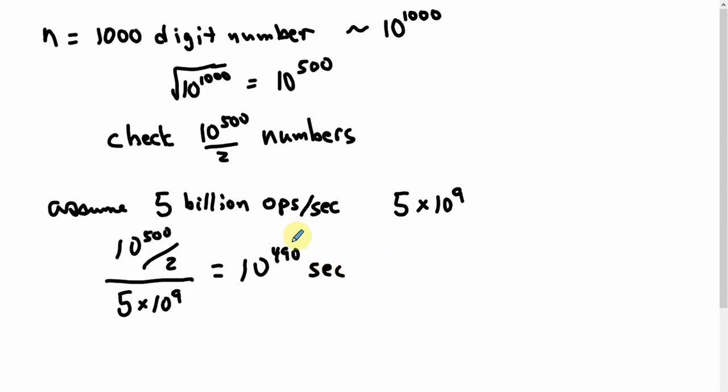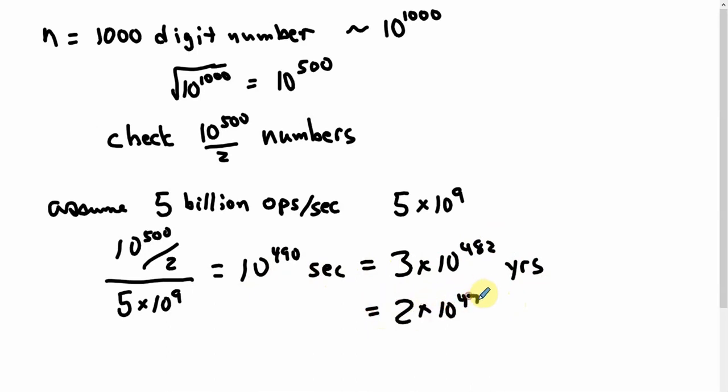So, still a very long time to do it. In fact, how long is that really? If you change units, this is like 3 times 10 to the 482 years. Or, using the age of the universe as 13.8 billion years, this is 2 times 10 to the 472 ages of the universe.